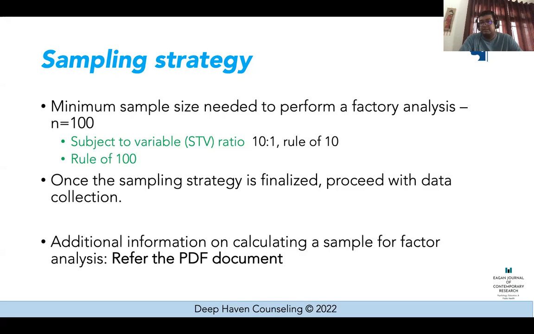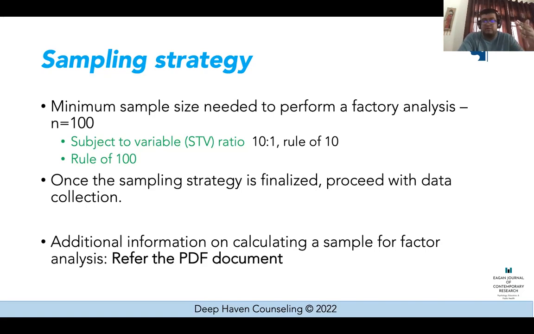Now, many years ago, I found this particular paper. I haven't included it here. It was on some other website, where they have given a bunch of research that you can refer to understand how the sampling strategy needs to be done, because you need to have justification. If you are a doctoral student, definitely you need to justify why you have decided to go for a sample size like this.